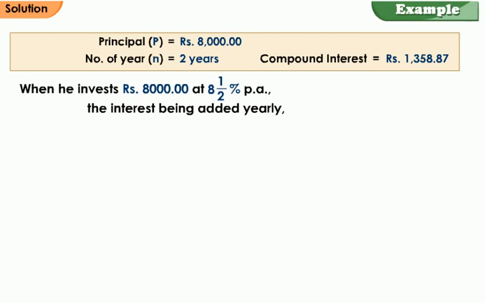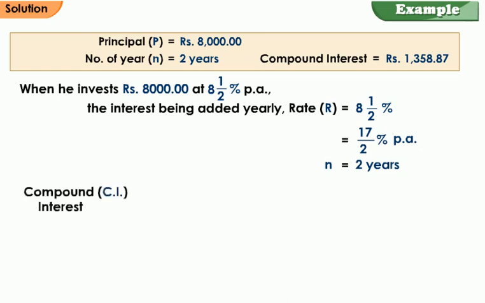Now we have the relation CI, that is compound interest, equals P into (1 plus R by 100) whole to the power N minus 1, where P stands for principal, R stands for rate, and N stands for the number of years.